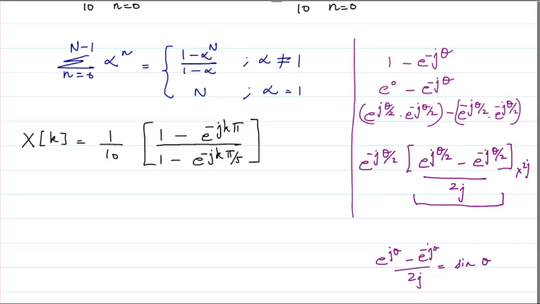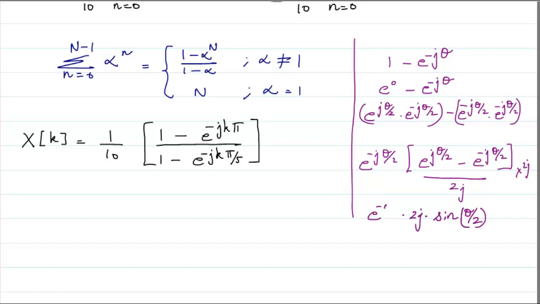Here theta is theta by 2, so whatever is in this bracket I can write as sine theta by 2, and what remains is 2j into e raised to power minus j theta by 2.